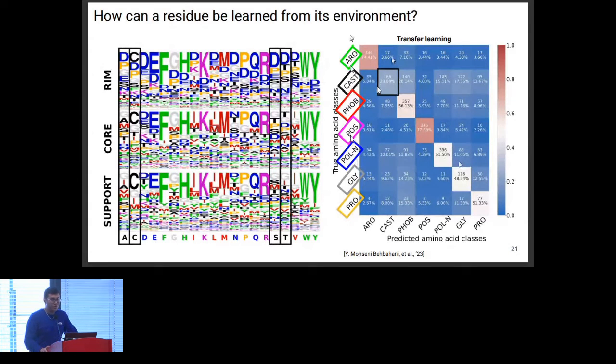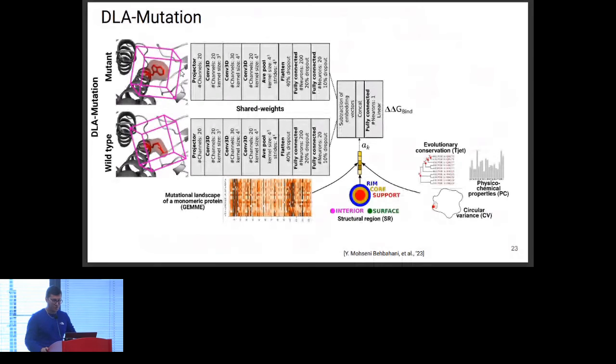So now we want to use SSDLA for our major downstream task, which is the prediction of the effects of mutations. We start with the local environment of the wild type and mutant amino acids, and we use the SSDLA model in a Siamese, shared-weight architecture that you can see here.